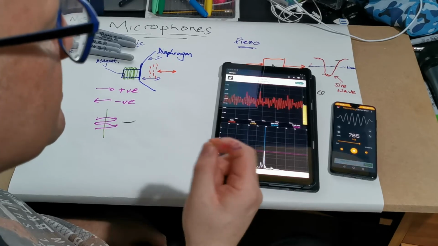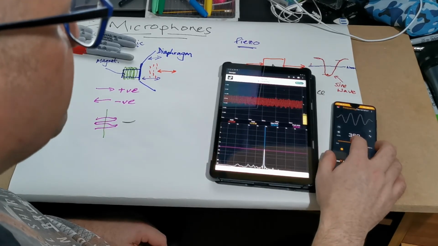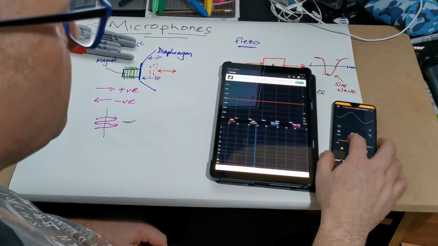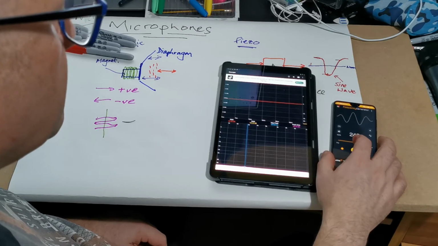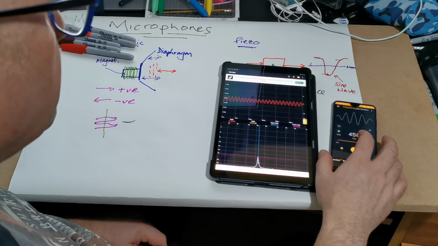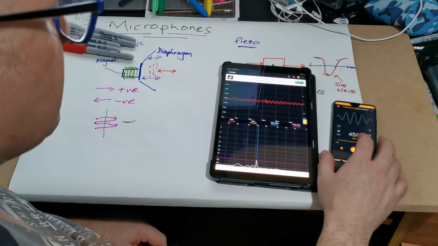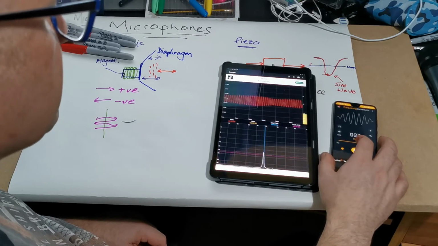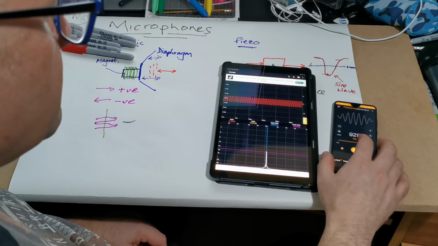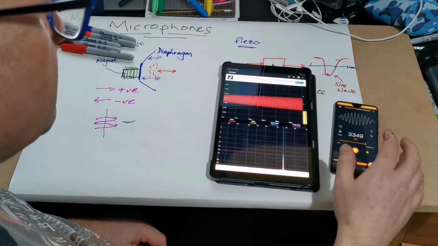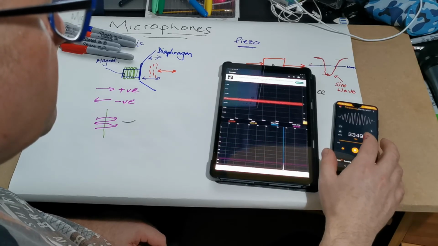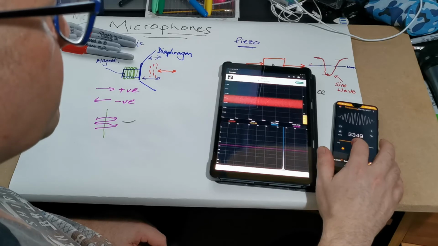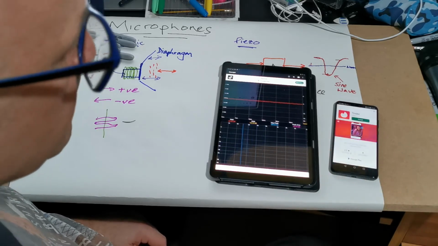The key thing you should notice here is that in comparison with the previous, the waves get closer together the higher the pitch you get. And that's really quite annoying.